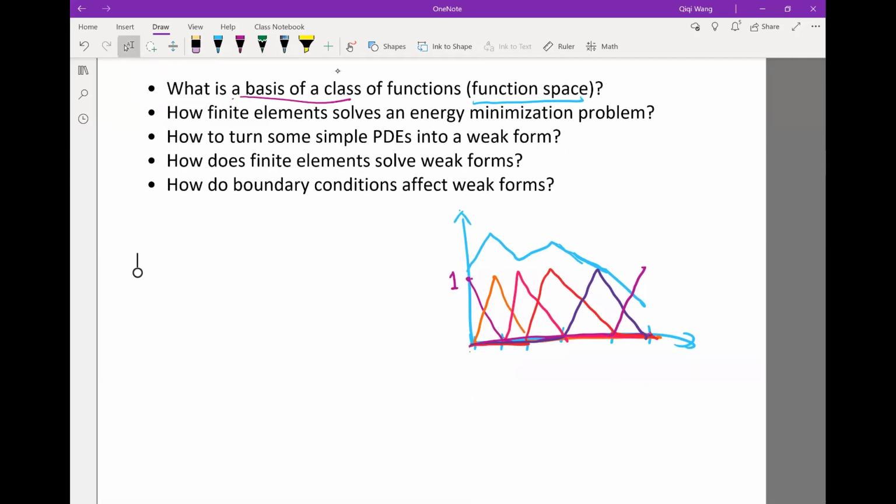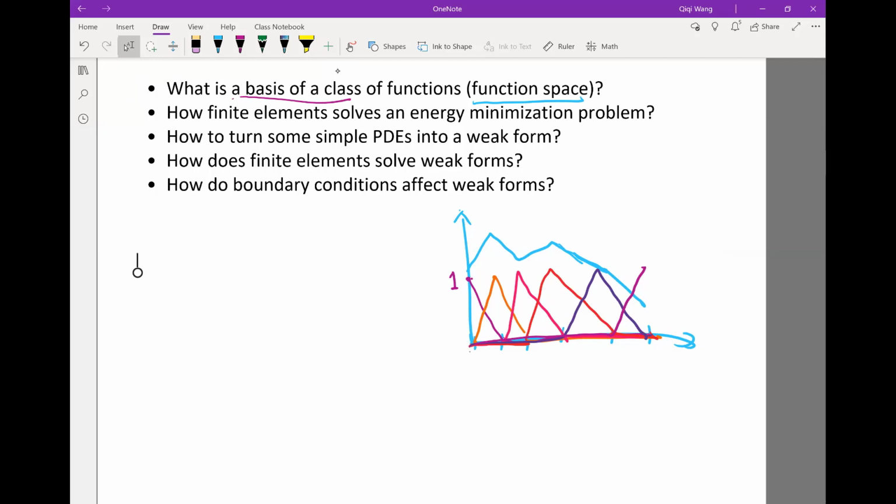Now, how does finite element solve an energy minimization problem? If I write an energy minimization problem where the unknown is a function, finite element solves it by, first of all, restricting the possible functions into this class of functions, piecewise linear and continuous functions.